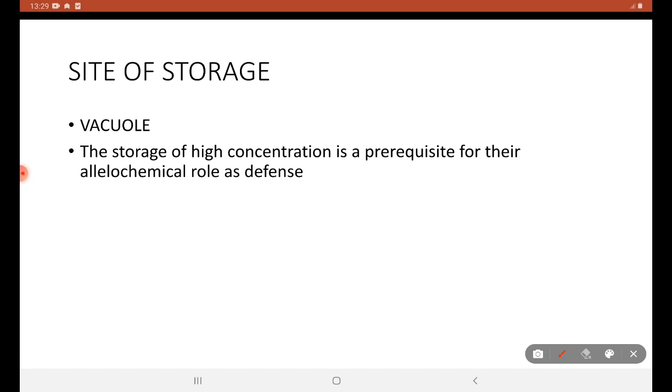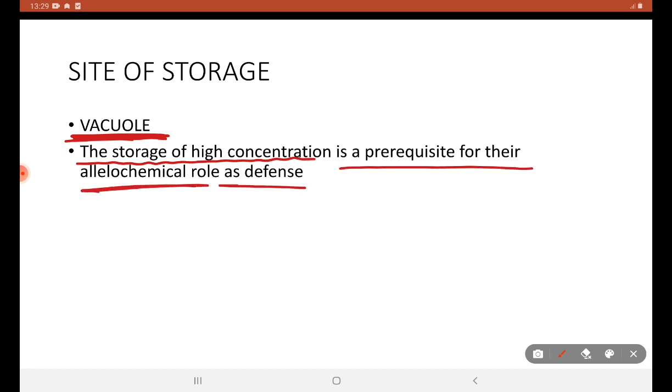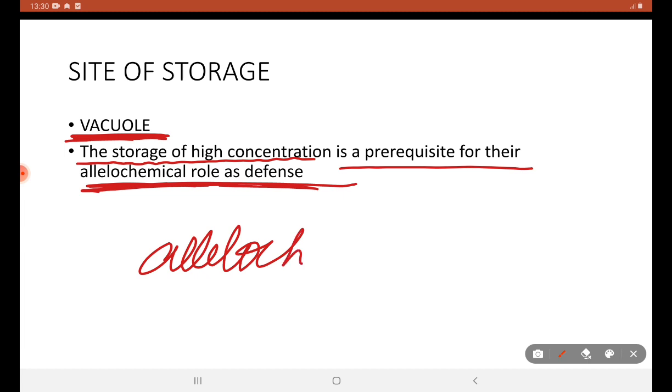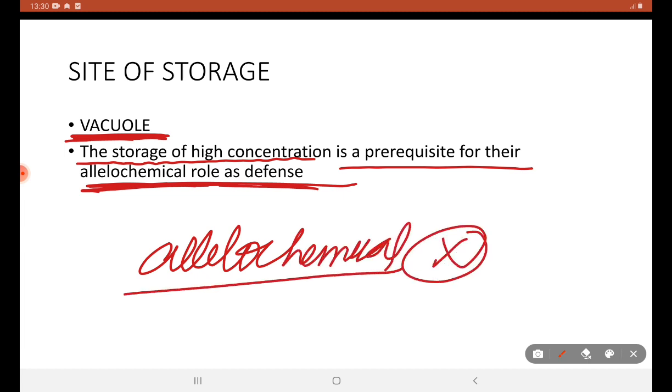However, the major compartment of storage is vacuole. The storage of high concentration is a prerequisite for their allelochemical role as defense. It is very important.